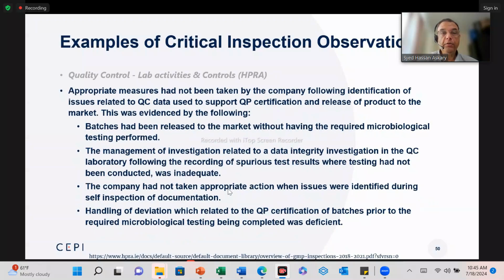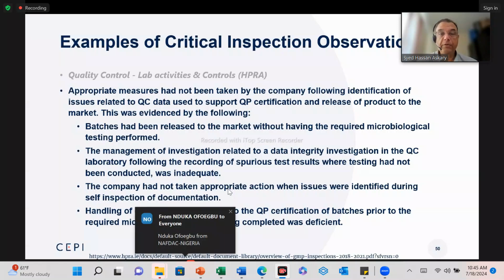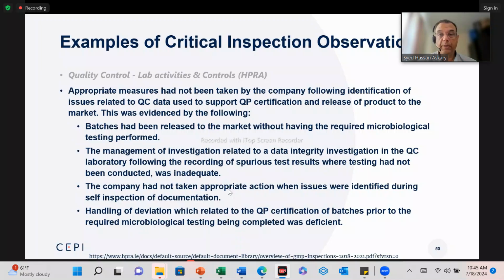In the quality control lab activities, the top critical observations were basically batches released to the market without the required microbiological testing. But this is a big thing. You have to do the bioburden, especially for sterile manufacturing, a sterile product, right? And vaccines are sterile products. Management of investigations is another big thing.